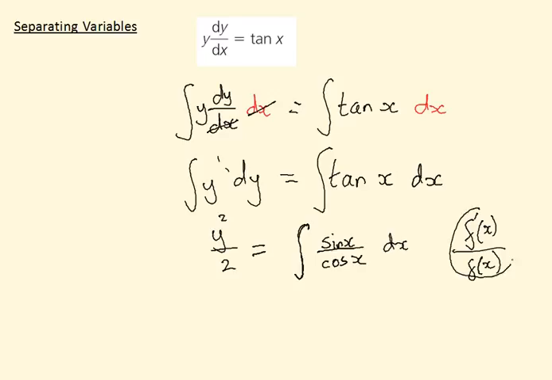Therefore we know that we can integrate it as a standard result using the ln integrals. So this is going to be minus ln cos x. This bit here is obviously still y squared over 2. And don't forget your constant term, c. And that is it, integrated, and we've got a solution to this equation.